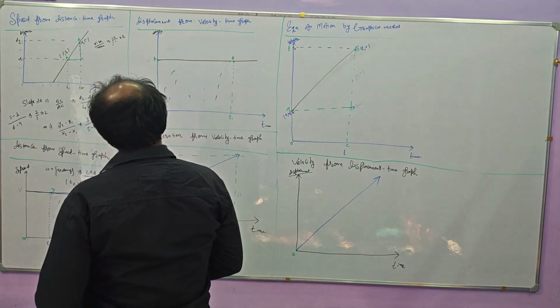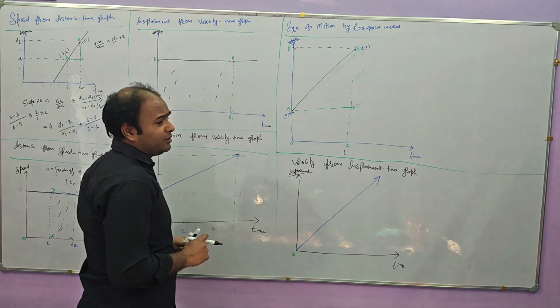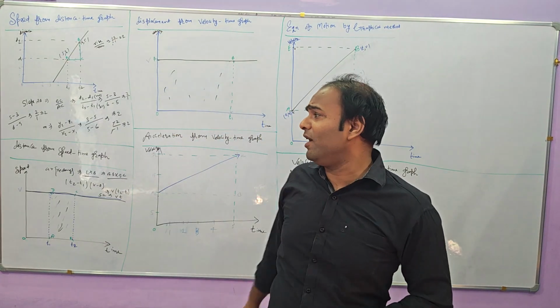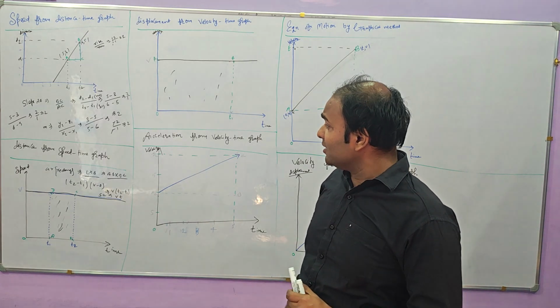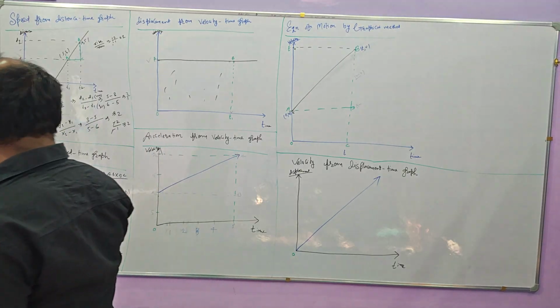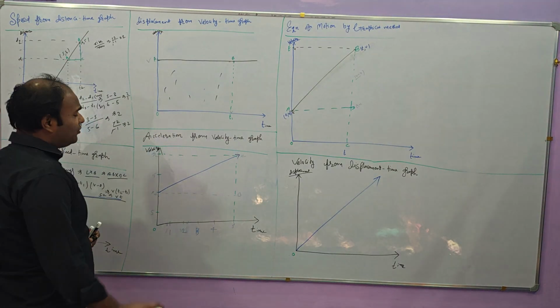There is a difference between speed and velocity. Speed is a scalar quantity and velocity is a vector quantity. Speed doesn't depend on direction, but velocity depends on direction.